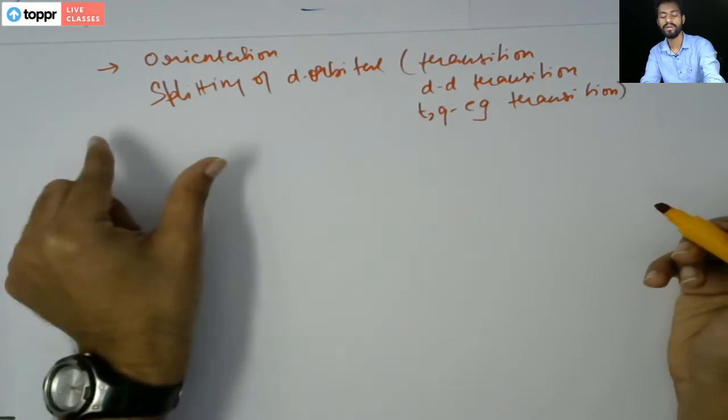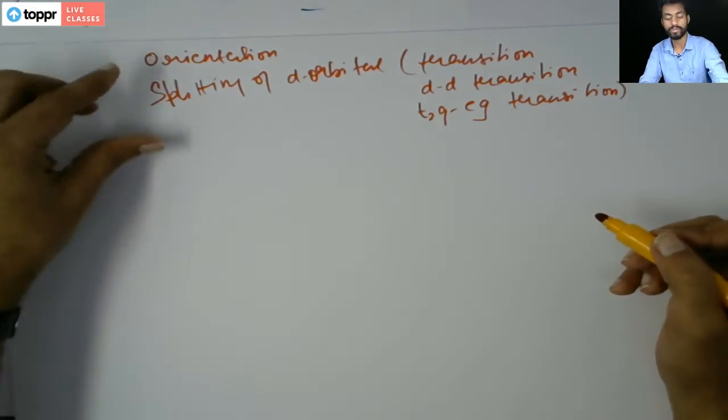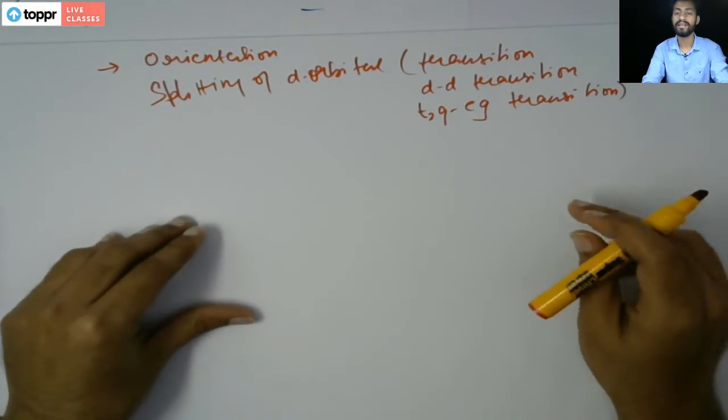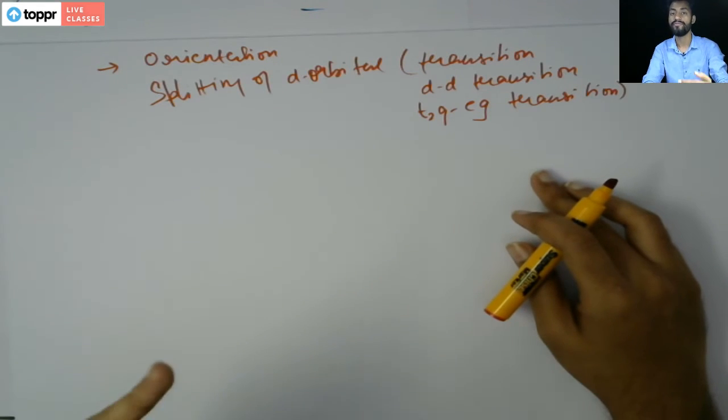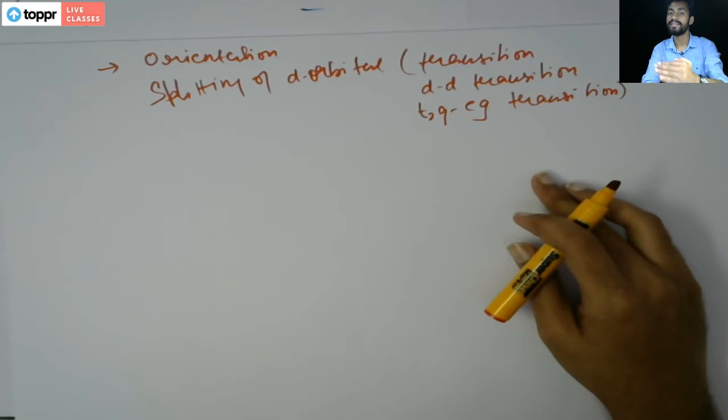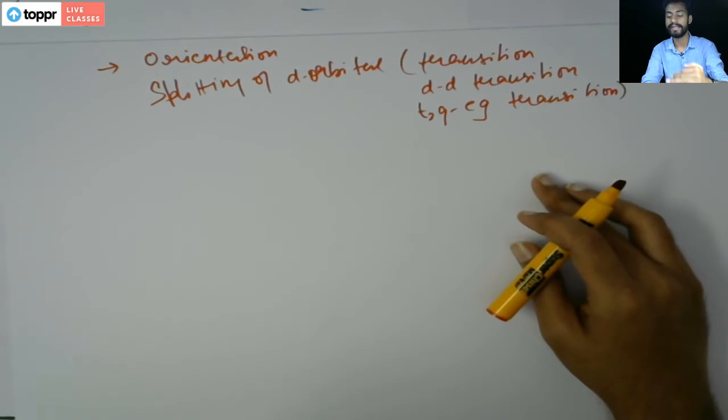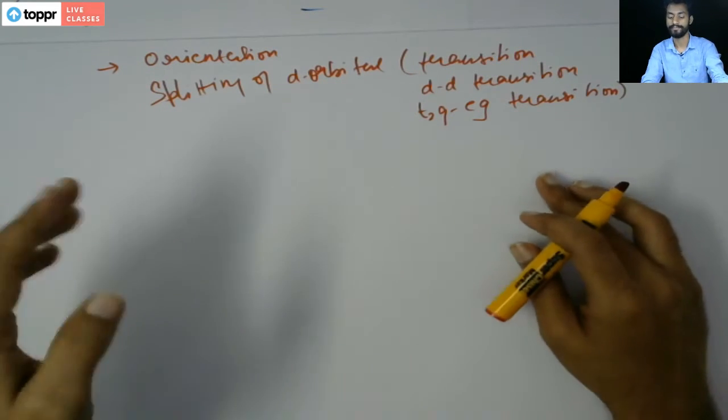These are the common names for splitting of d orbitals. If it is octahedral, then t2g will have lower energy and eg will have higher energy, and if it is tetrahedral, then eg will have lower energy and t2g will have higher energy.